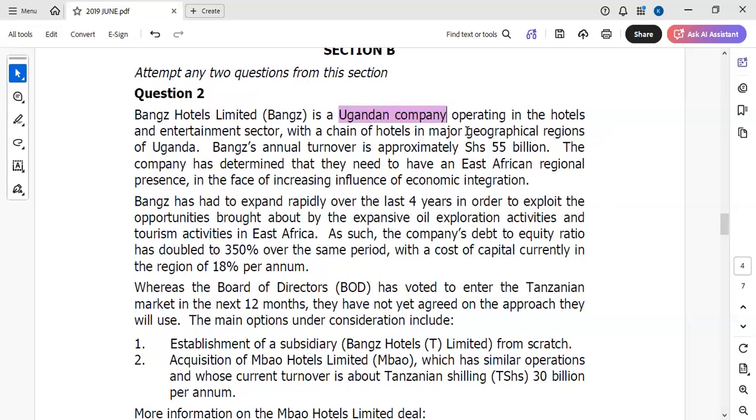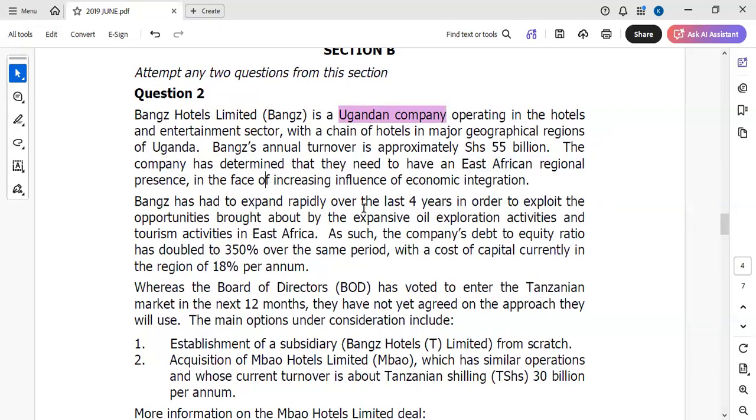Baganzi is a Ugandan company. But they are telling us that the company has determined that they need to have an East African regional presence, like your entity. You may find that they want to expand.